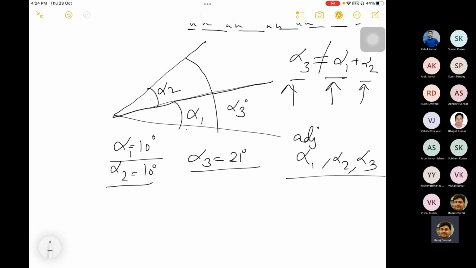Yes, sir. Alpha 1 is 10 degree, alpha 2 is 10 degree, alpha 3 is 21 degree. That's the problem.